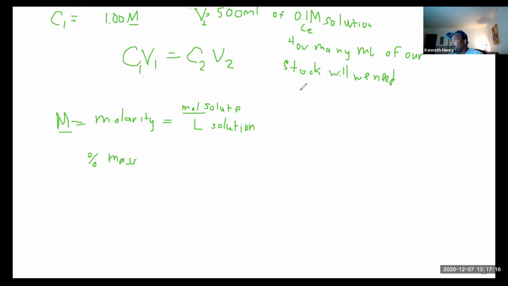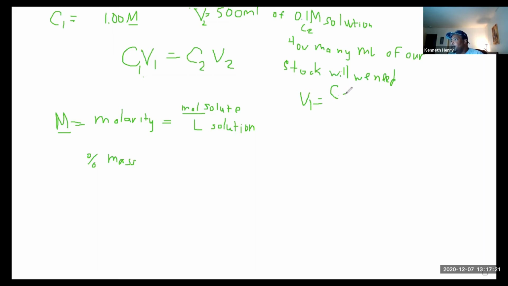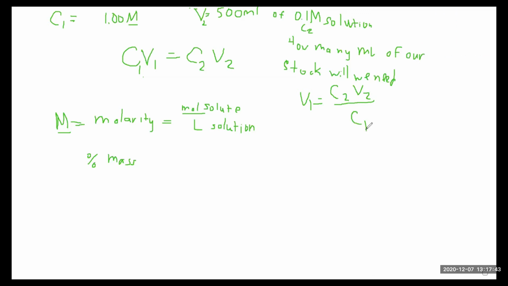So then you get V1 equals C2 V2 over C1. So it's just plug and chug. Pretty simple.